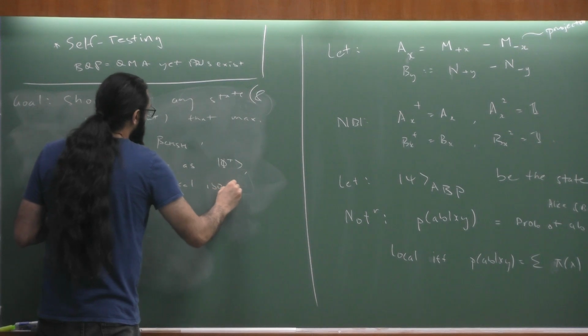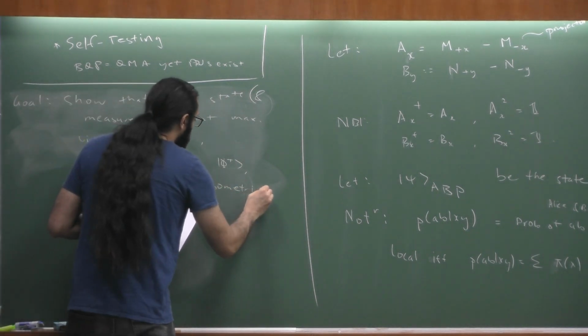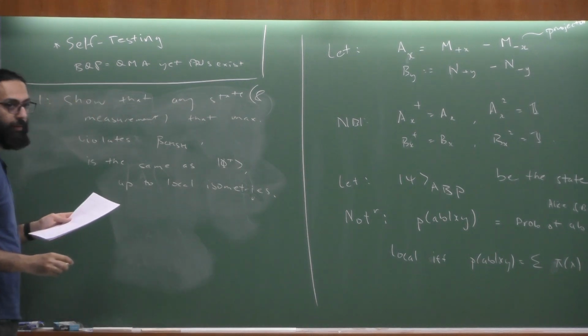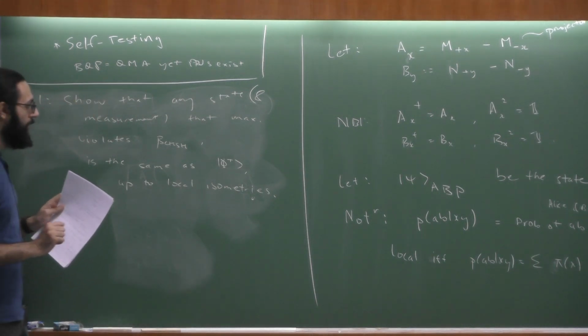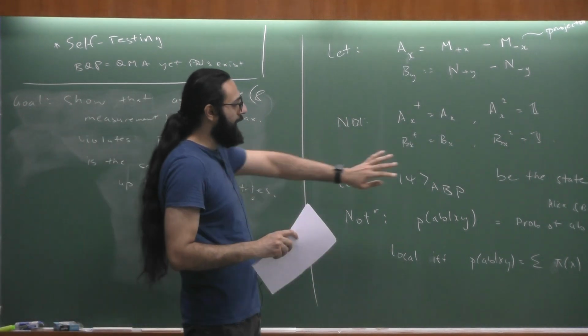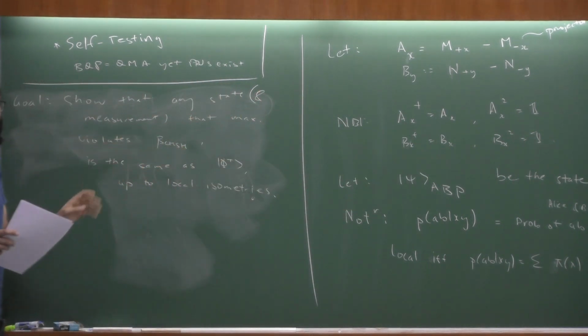So this is what we'll try to prove today. That's the main goal. We just look at any realization that gives you the maximum violation, and we want to conclude what state they must have used, which is a very powerful statement if you think about it.